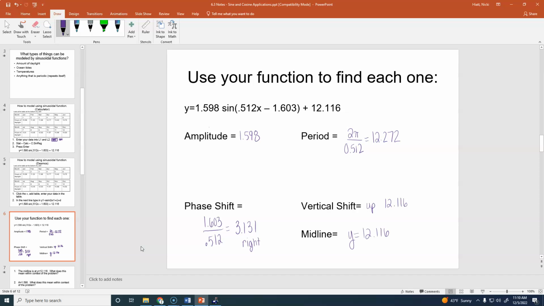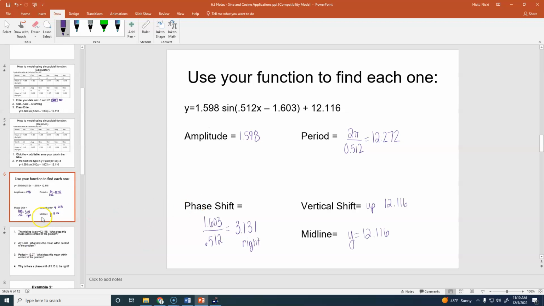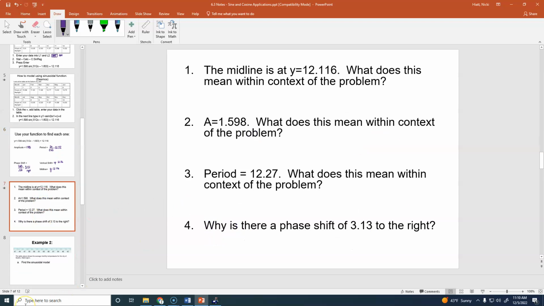But the questions that are asked are not going to just say, what's the amplitude of this function? It's going to be in context of what is happening. So this is more like what the actual questions will look like. We're still looking at the same equation, same situation. So the midline is at 12.116.